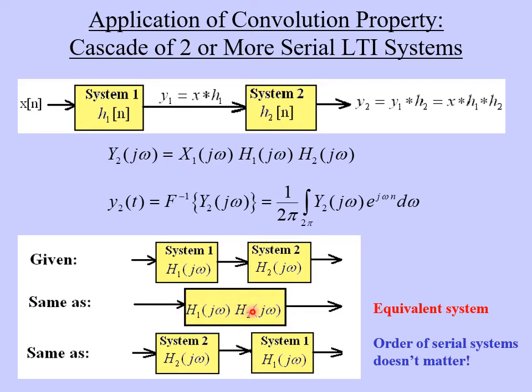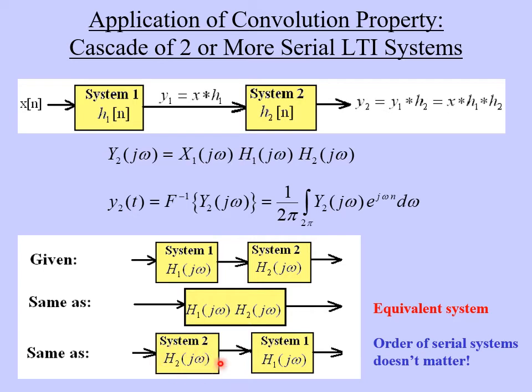Furthermore, we can take this one step further. Since this is multiplication, and multiplication is commutative, H1 times H2 is the same as H2 times H1. So the order that we write these doesn't matter at all because it's just multiplication anyway. If we write H2 first and then H1, we can split this system back apart.